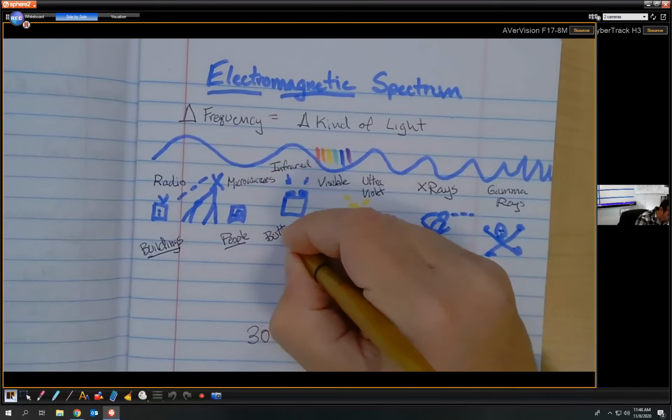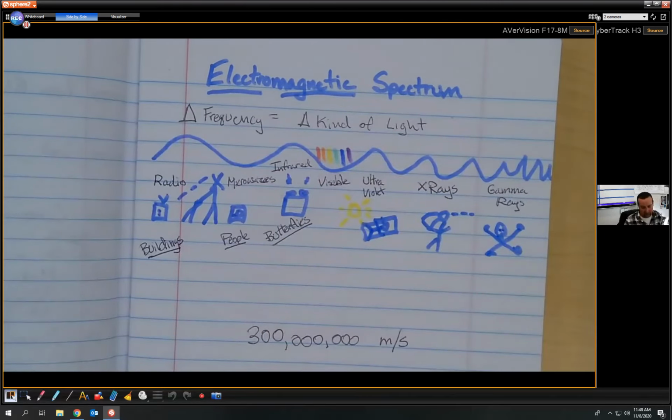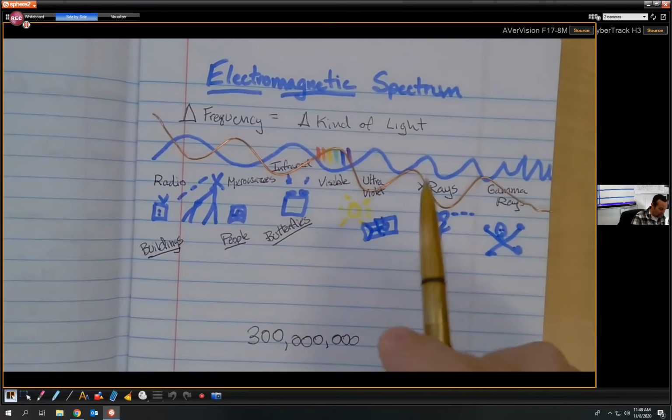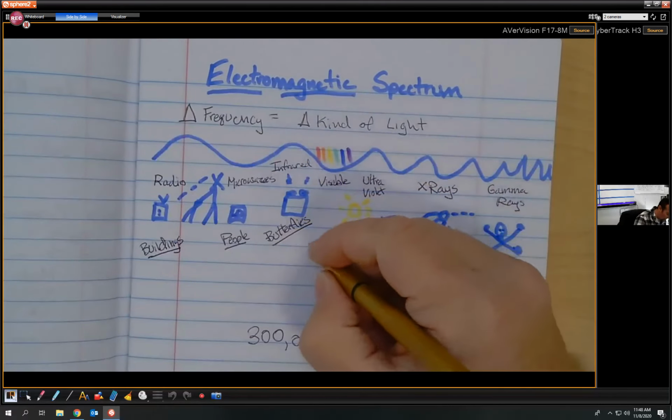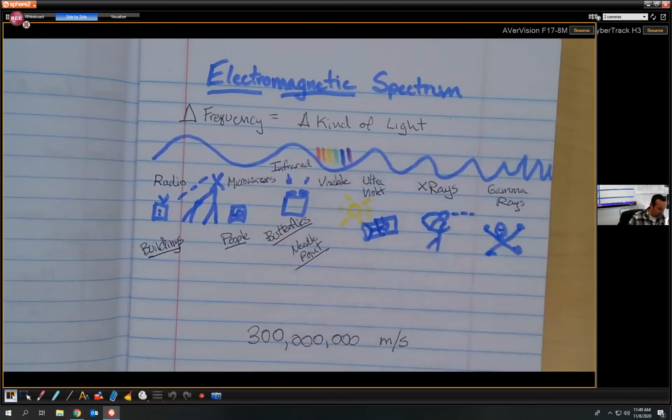They're about the size of butterflies. Visible light, those little waves as they're traveling along, they're about the size of a needle point. They're tiny, but they're getting a lot smaller as we go.